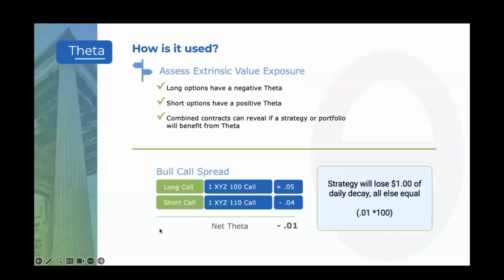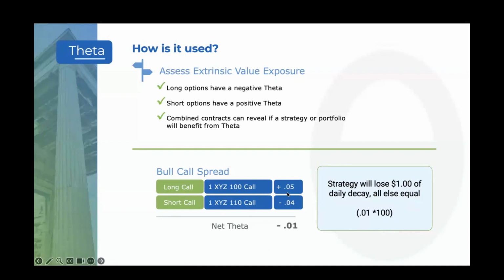Great example: a bull call spread. Here we've got a long 100, 110 call spread. So this strategy will profit as the underlying security moves up to 110. The intent of the bull call spread is to reduce the cost of the long call in exchange for capping your gain potential, the give and the take.